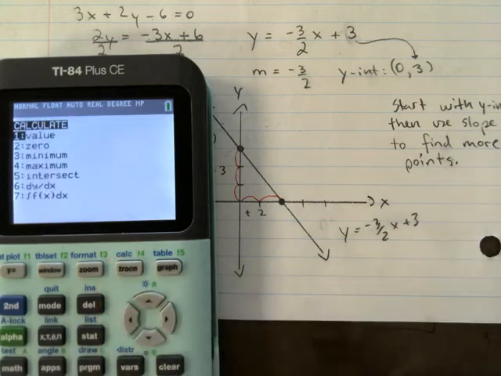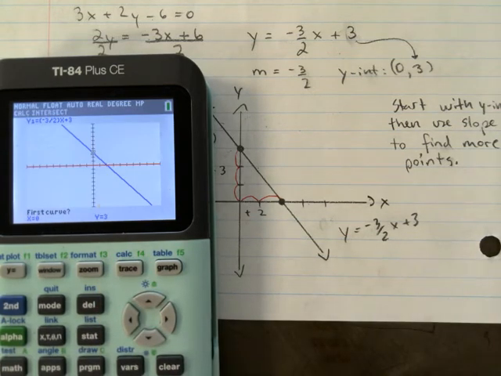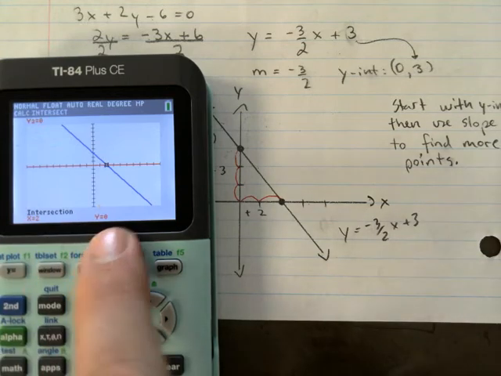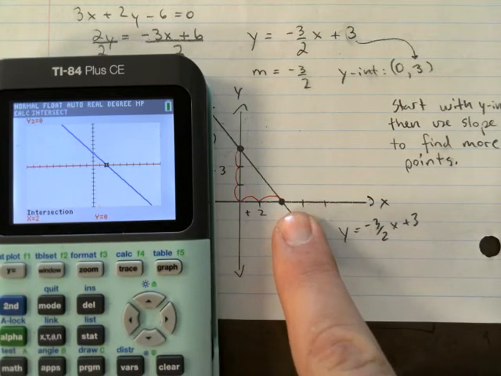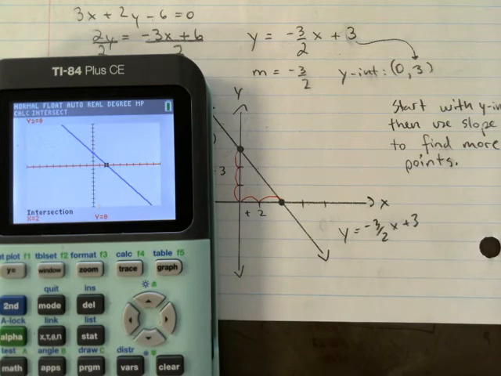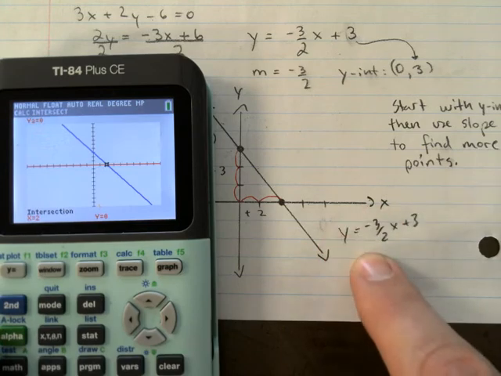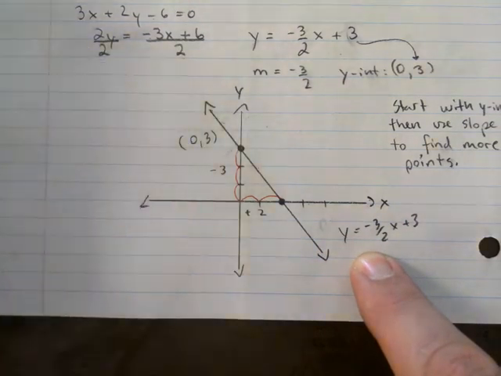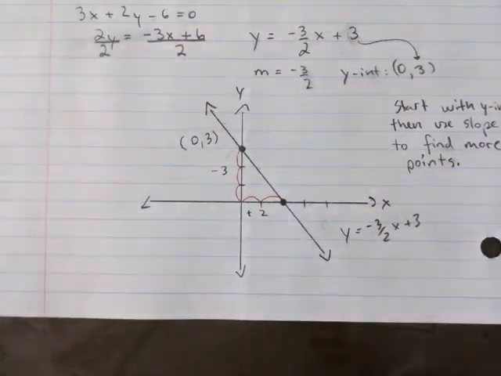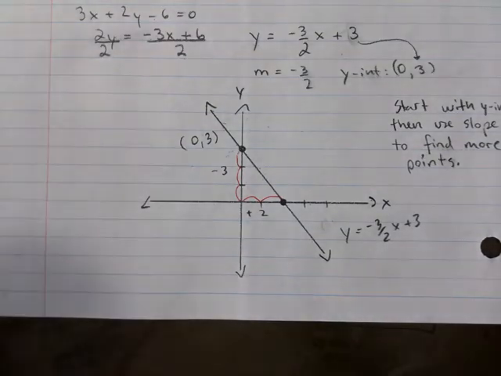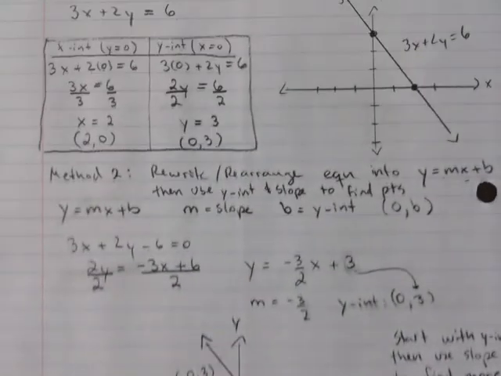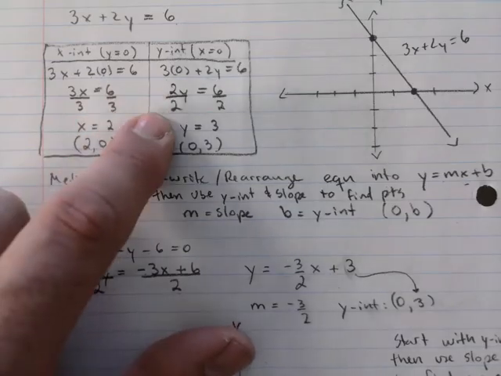Then you go second trace 5 and just hit enter, enter, enter. And there it is, it's 2, 0, which we already knew was the case, right? So you can use your calculator to check if you want, right? To see if you rearrange this properly, right? And so calculator is still going to be a very useful tool, but I'm going to focus on this, right? On this one right here.